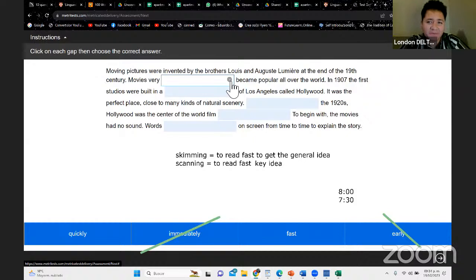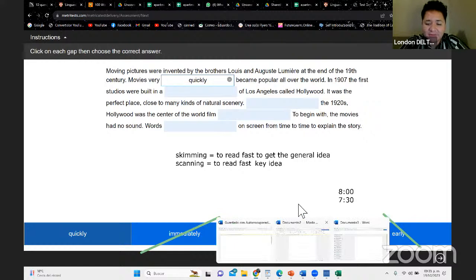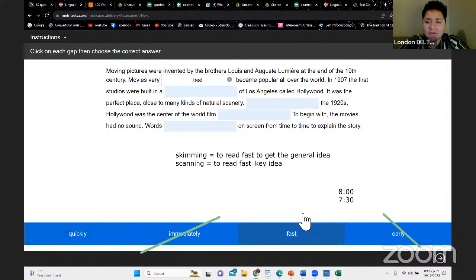Why not fast? Actually, fast and quickly are synonyms. But if you have to choose between quickly and fast, you have to choose the correct one, okay? Quickly is like a universal word, like "rápidamente," right? Fast is only for movement.